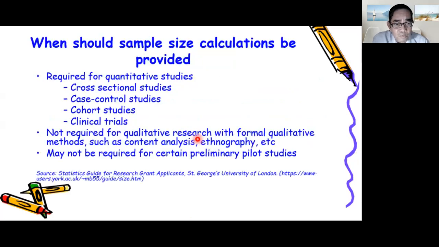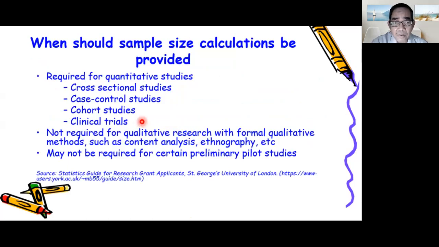So when should sample size calculation be provided? Sample size calculation is required for quantitative studies like cross-sectional studies, case control studies, cohort studies, clinical trials.